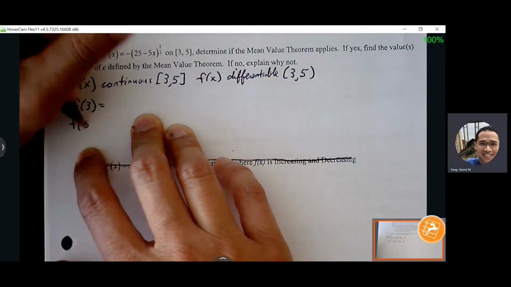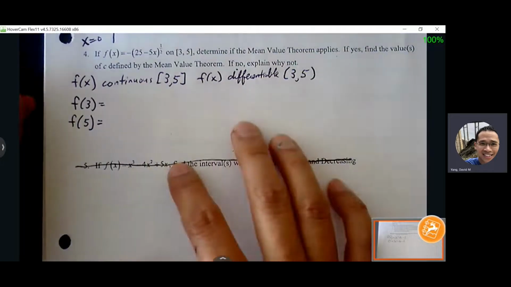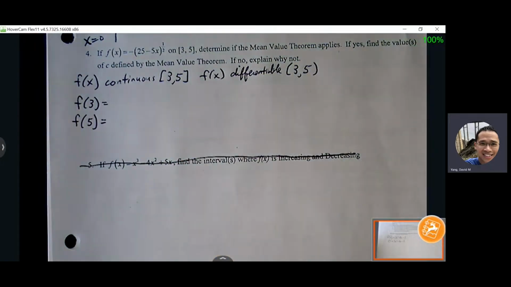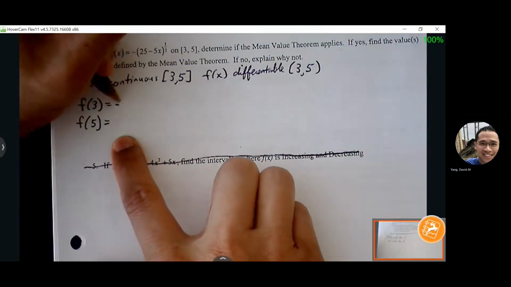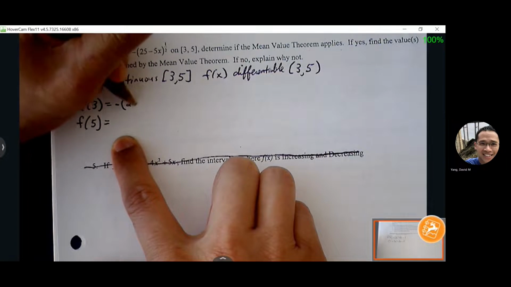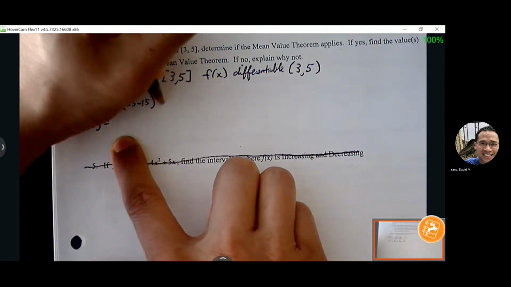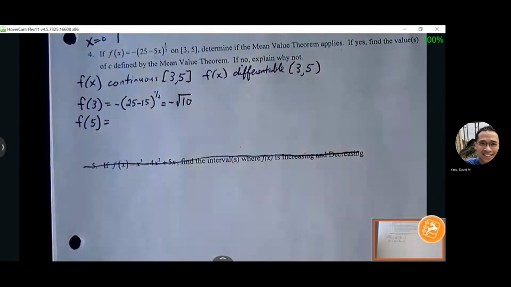So no calculus yet. You're just gathering information from the function, getting the ordered pairs so you can get to the slope. So let's insert 3 into the function. 25 minus 15 is 10. 10 to the 1/2 is a square root, so I'm going to change that to negative square root of 10.